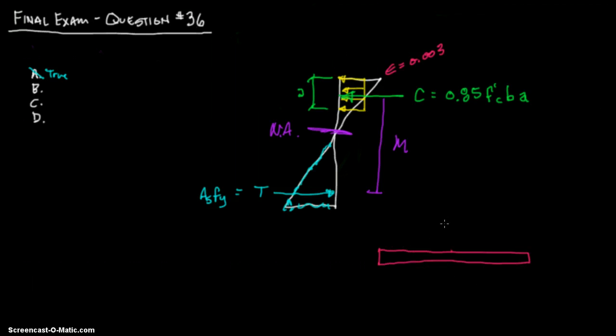And the reason is, if you yield the steel first, you have to look at the stress strain curve of steel. If you remember, you have a constant slope in the elastic region, and once it starts yielding, it goes into the plastic region, and then it will do something called strain hardening, and then it'll fail altogether.